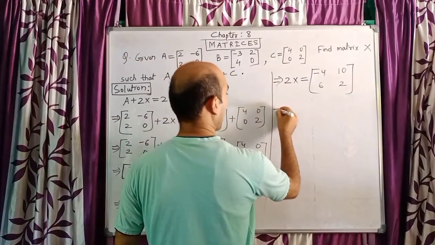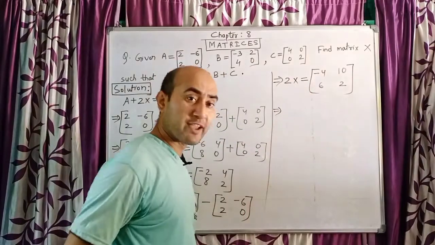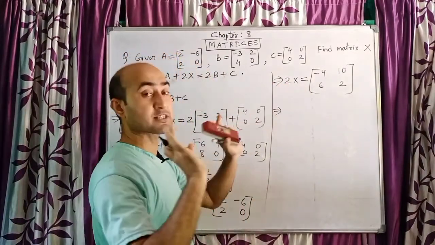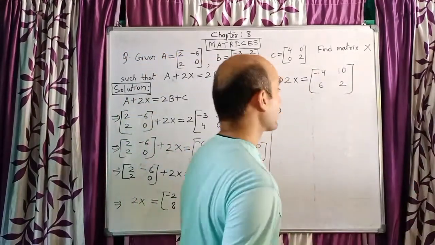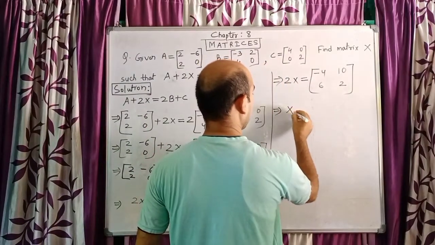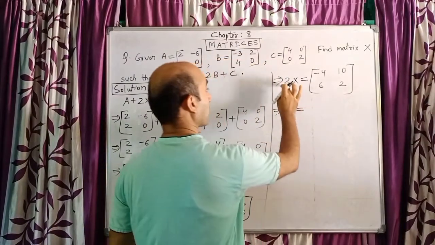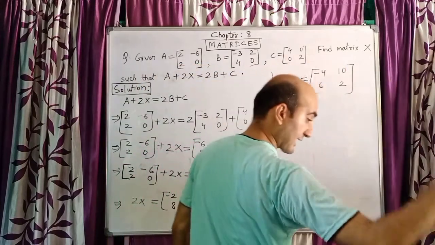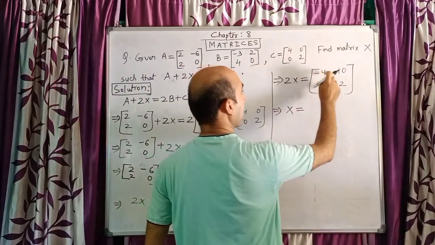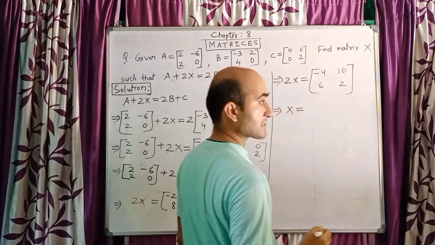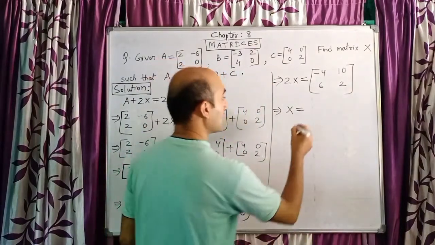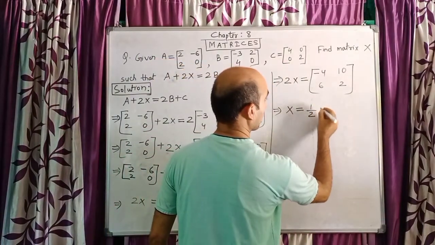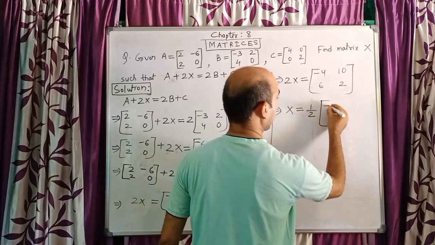Now next what I will do, I have to find the value of x. So this 2 has to be shifted to the right hand side. So I will write x equal to, and when I shift this 2 to the right hand side, it will go and divide every element inside the matrix. But before that, I will write 1 by 2 and in the next step I will divide.